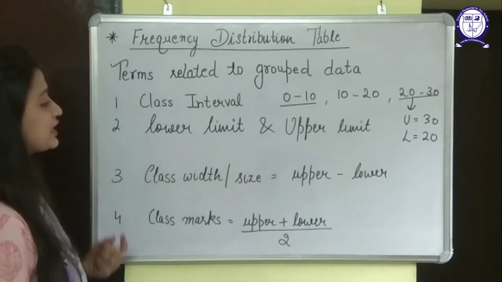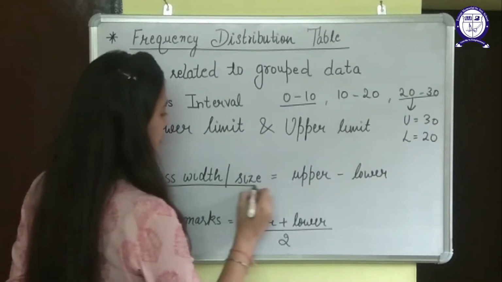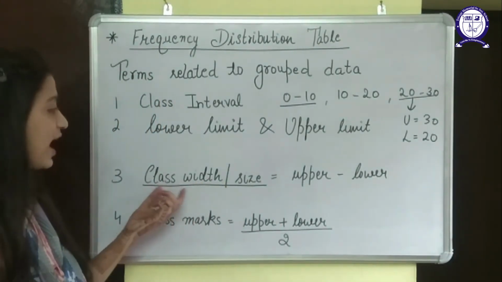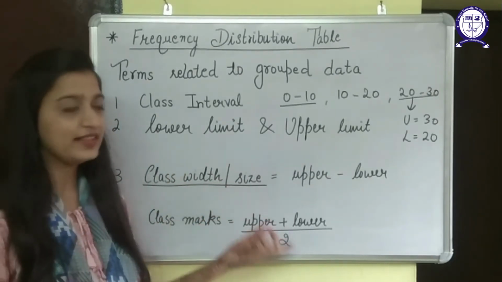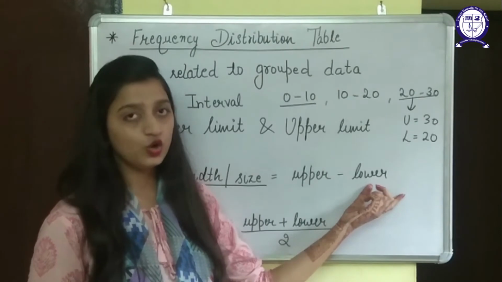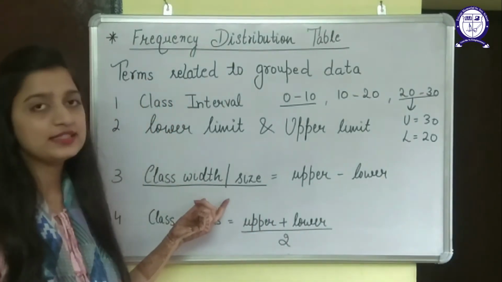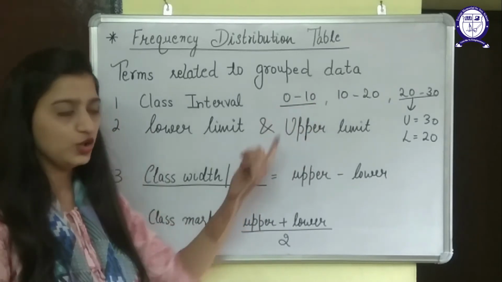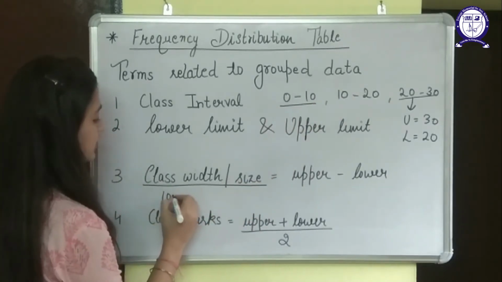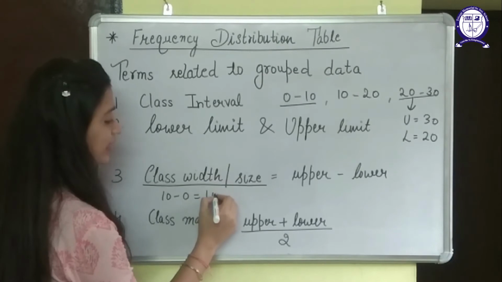Now the third is class width, and it can also be called class size. Class width has a formula, that is upper minus lower, and it always remains the same. Like for example, in 0 to 10, it is 10 minus 0, that is my 10.